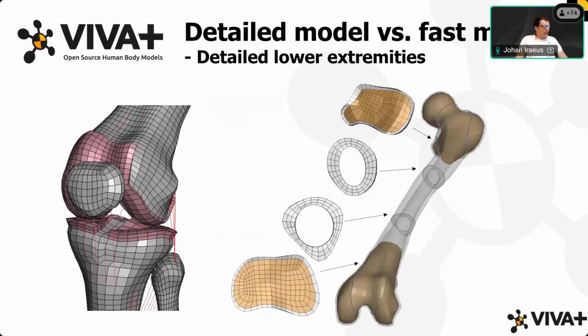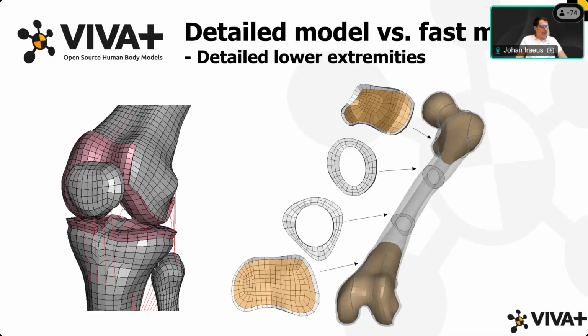If we look at the long bones, here we see one example of the lower extremity, but it would be similar in the upper extremity, the humerus, the radius, and ulna. Because these typically have much thicker cortical bone, to make that numerically accurate, we have some limitations with the thin shell, as you probably all know. So here instead we're going for solid elements to represent the stress and strain distribution through the cortical bone.